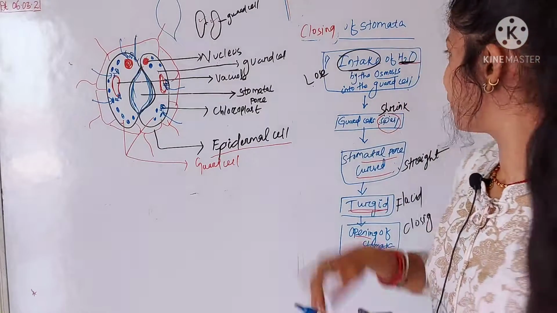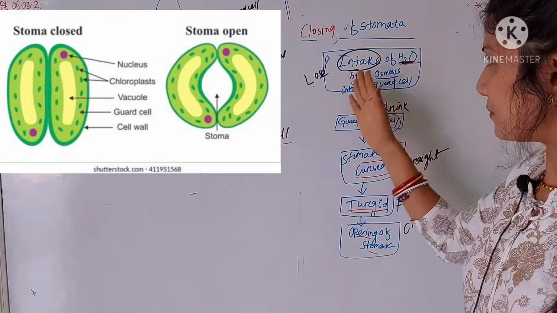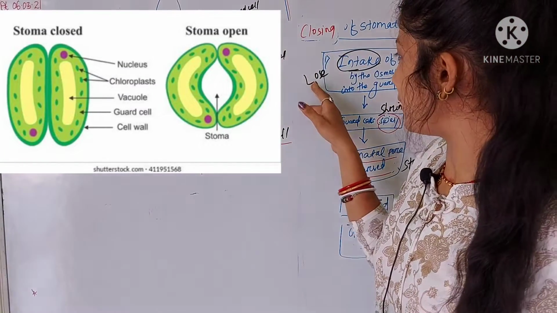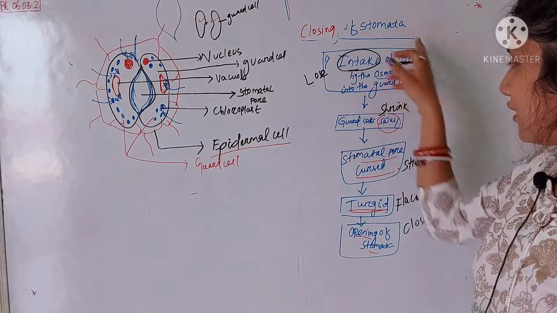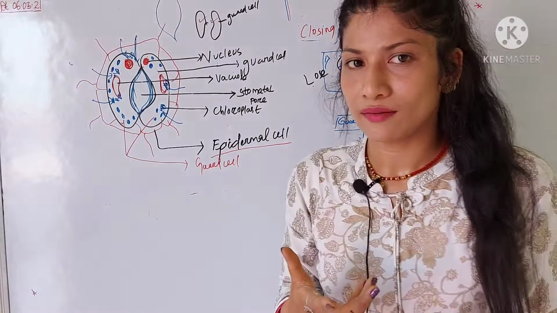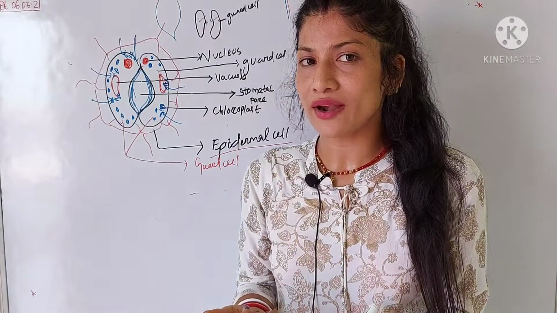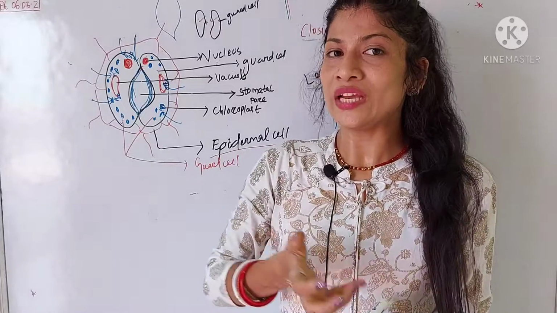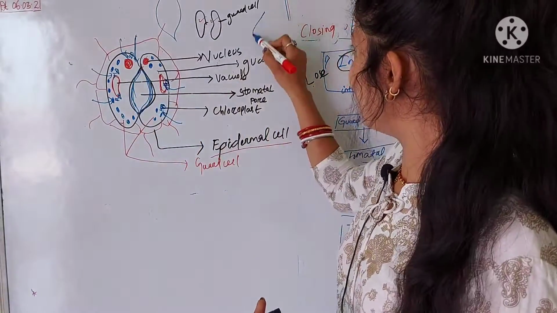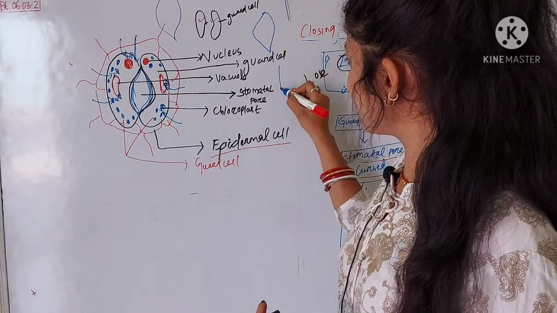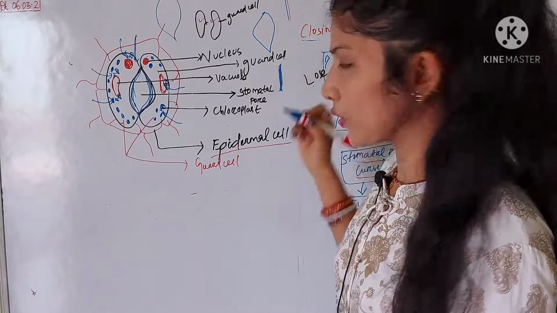Now we compare. In the opening of stomata, there is intake of water molecules by osmosis, but in the closing of stomata, water molecules are lost. Second, in the opening of stomata, guard cells swell, but in the closing, the guard cells shrink. In the opening, the stomatal pore becomes curved, but in the closing, it becomes straight.